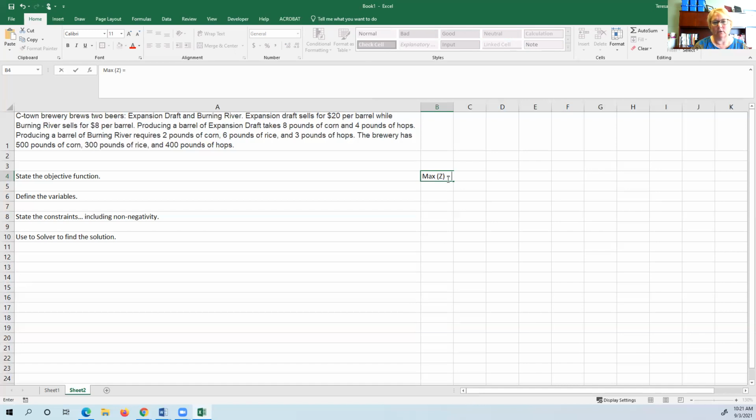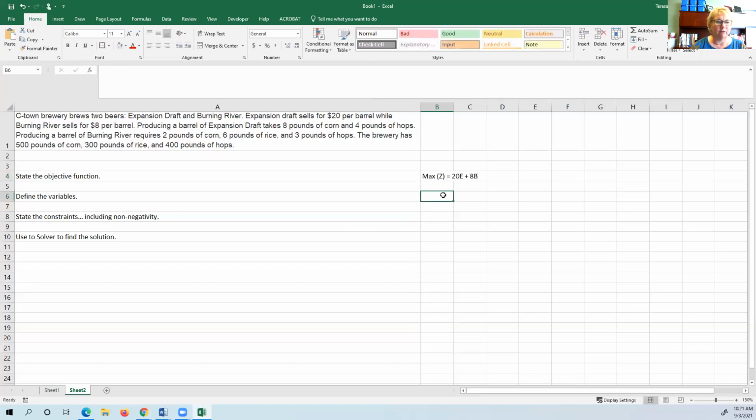and I like to use variables that help me remember what I'm talking about. So for expansion, I'm going to put 20E, because it's $20 for each barrel of expansion, plus 8B, which is $8 per barrel of Burning River.